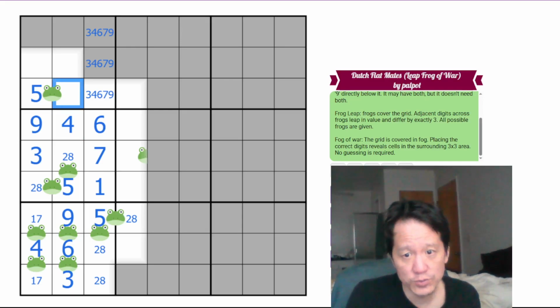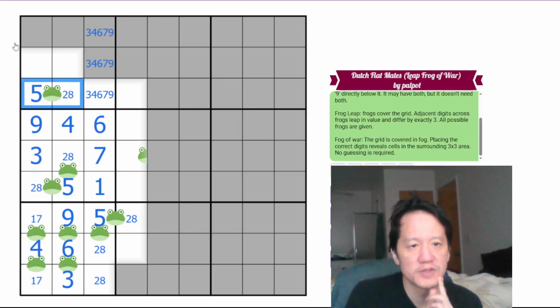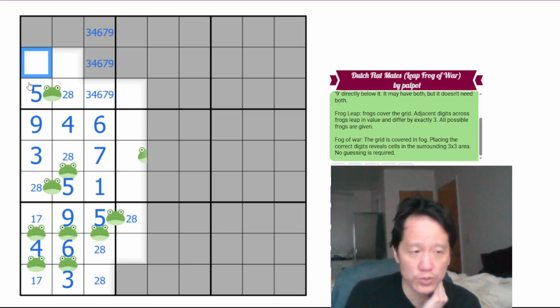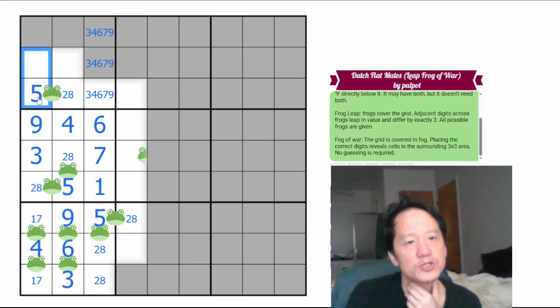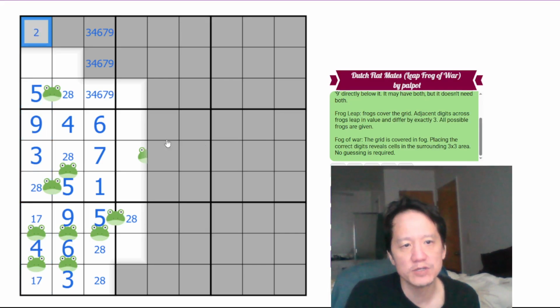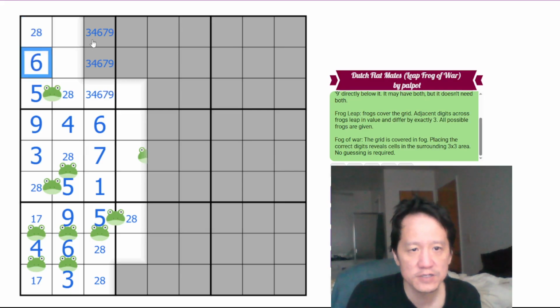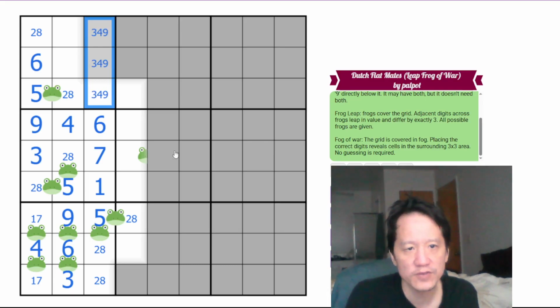This must be a 2 or an 8 to have a frog in between them. This cannot be 2 or 8 because there's no frog in between them. Where is the other 2 or 8 in column 1? It must be here, which leaves this as a 6. So this is a 6. This cannot be 6 or 7 here.